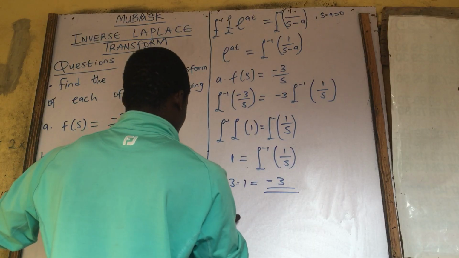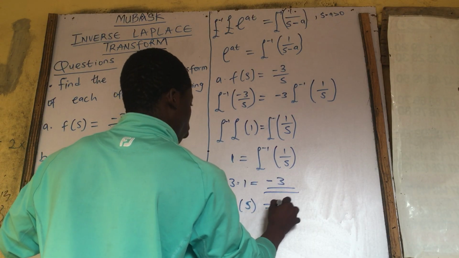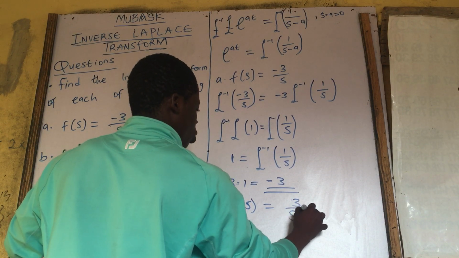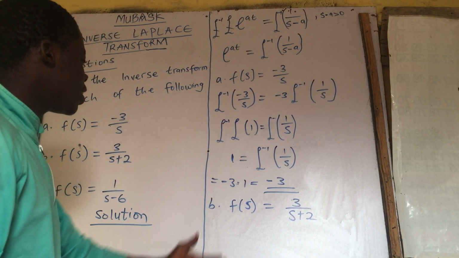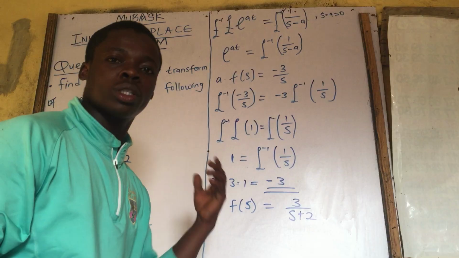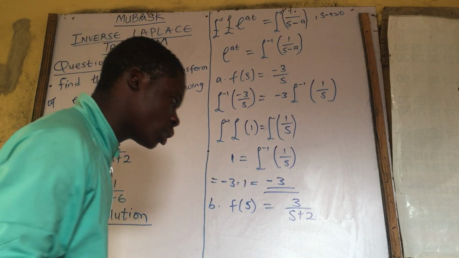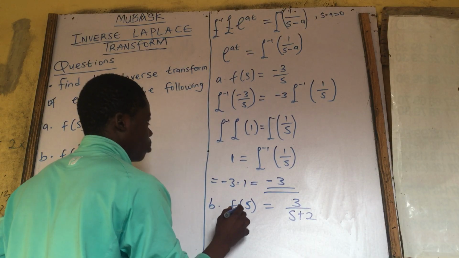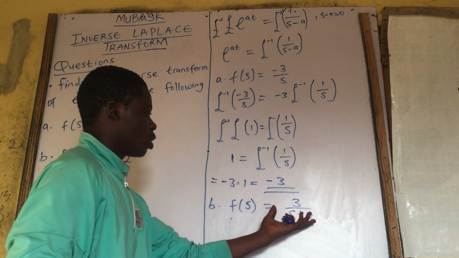Question B: F of x equal to 3 divided by x plus 2. Let's recall from the Laplace transform table.